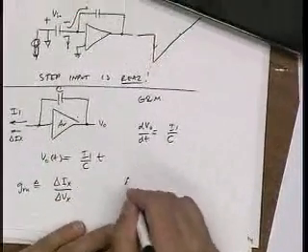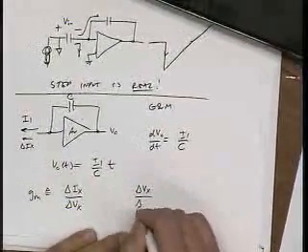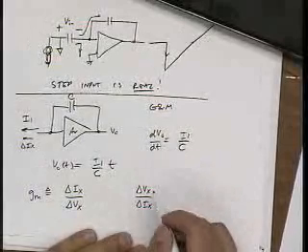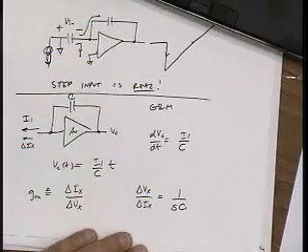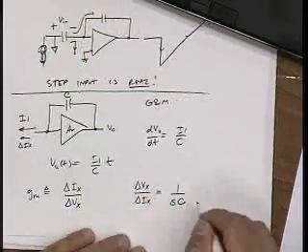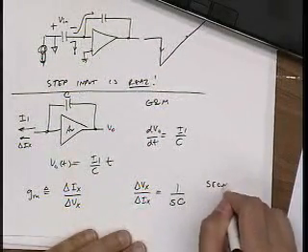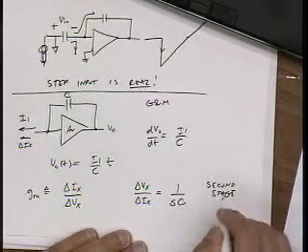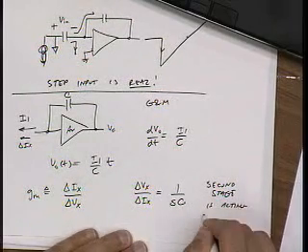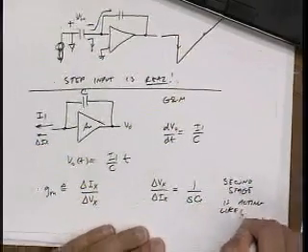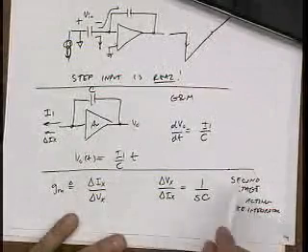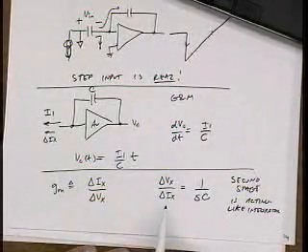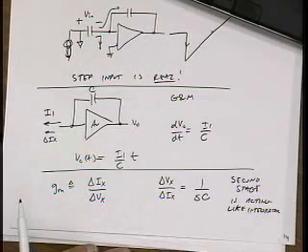So I could write delta Vx over delta Ix as 1 over sC for small signals. That's because the second stage is really just an integrator. So in this derivation, you have to be careful to differentiate between small signal and large signal. Right now we're just talking about small signal behavior.